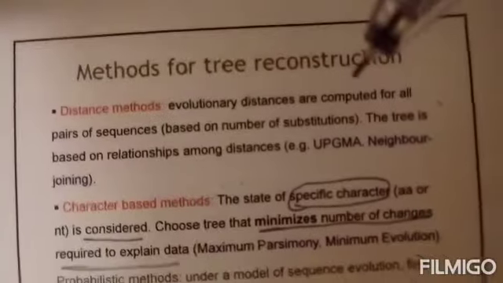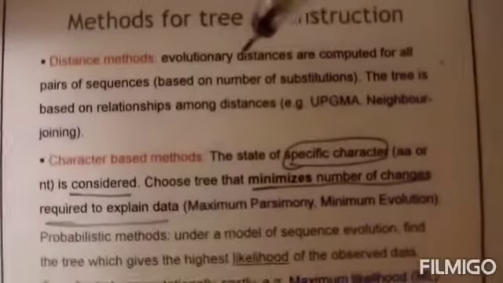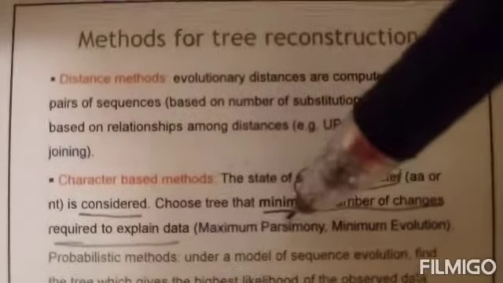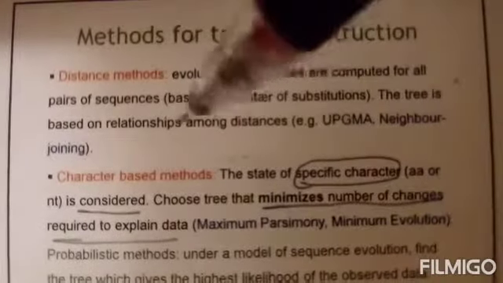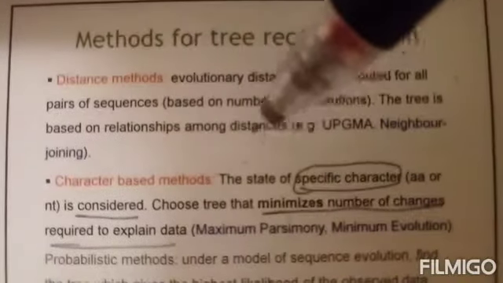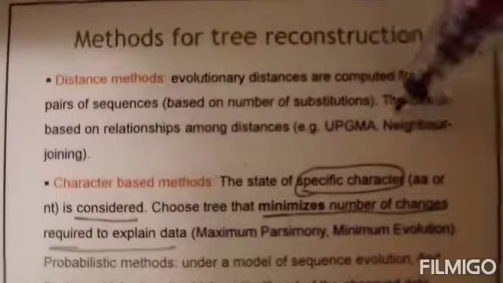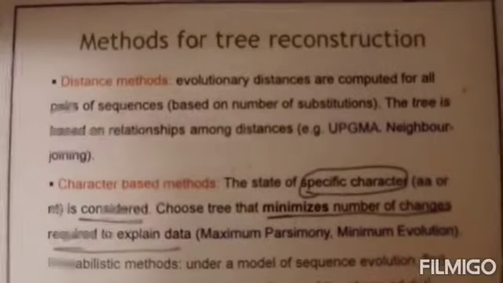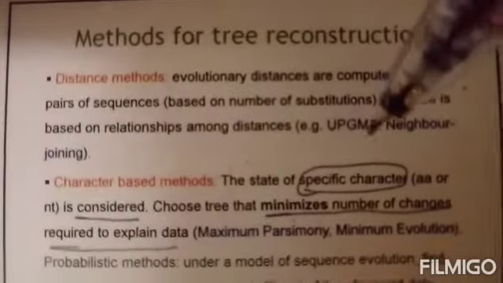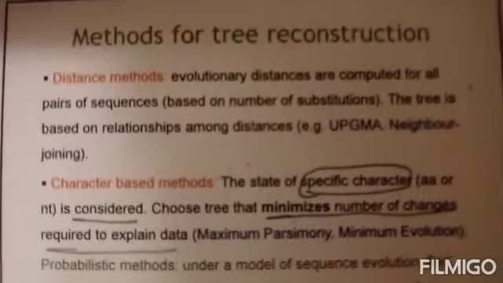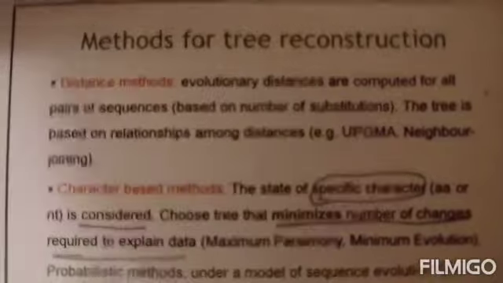Now I would also say that there is something called a character based method. In this character based method, you have maximum parsimony and minimum evolution. It analyzes each and every character in an amino acid sequence, and will choose a tree which has only a minimum number of changes.